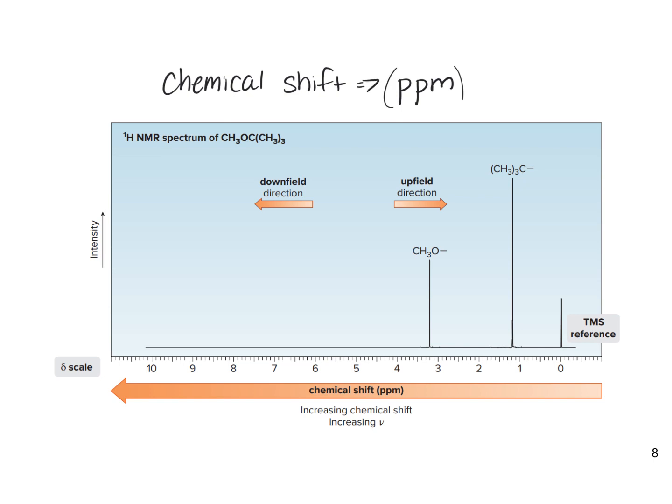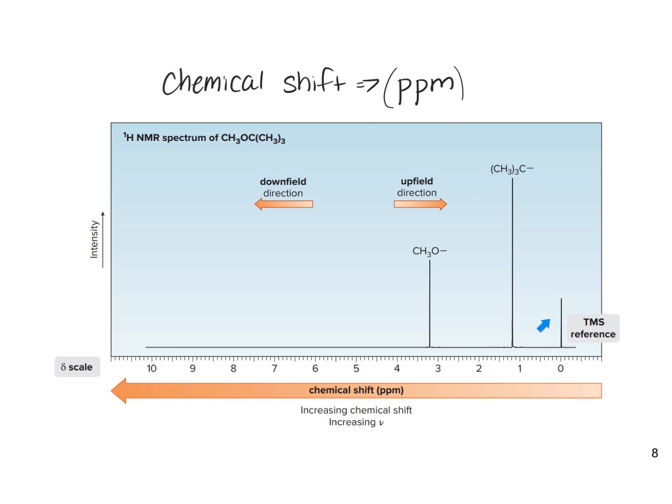So that's going to be the unit for the chemical shift. We have the right side here, and we generally read from the right to the left. We refer to the right side as upfield and the left side as downfield, okay? So if you travel this way, you're traveling downfield. The lines shown here are the peaks.